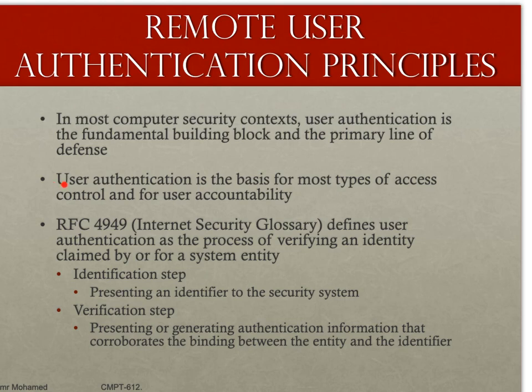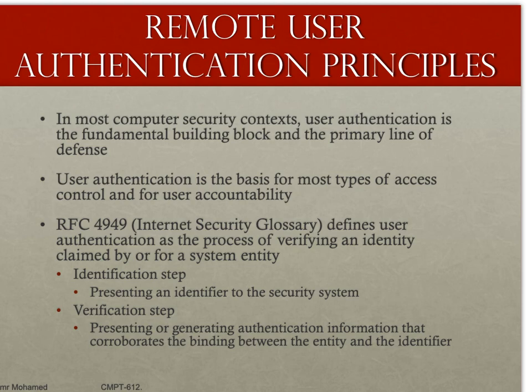So user authentication is the basis for most types of access control and user accountability. Again, not only message authentication. User authentication is a prerequisite to message authentication, as we said, and we'll talk about examples in this chapter. But also, user authentication is a prerequisite to access control, which means that we need to make sure that you have the proper authorization and privileges to access certain parts of the system.